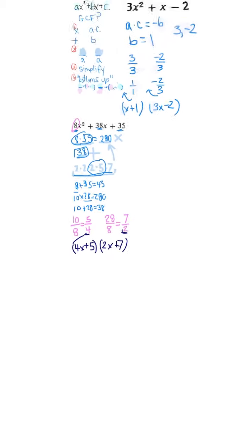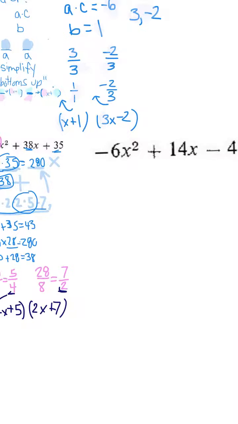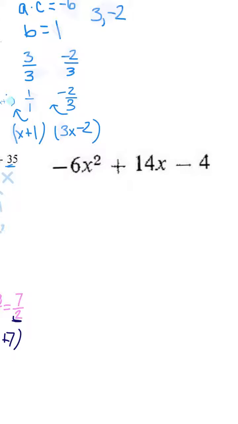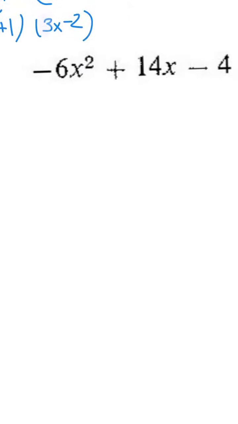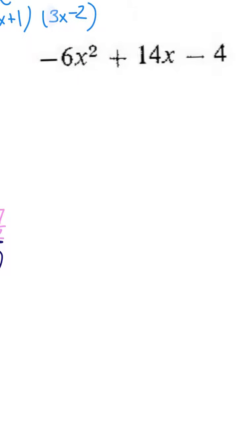Let's pull up another example. Negative 6x squared plus 14x minus 4. First step, always look for a GCF. And in this case, my leading coefficient is negative. And this is kind of a personal preference, but honestly, let's get rid of that negative as long as we have to factor out a GCF.